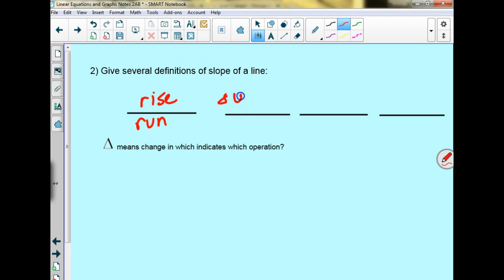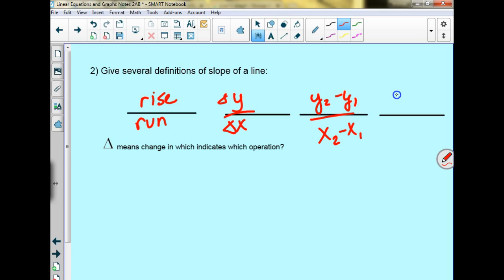Yes, I said you could just write change in y over change in x. Do you remember what else? What is change in mean, guys? Right. So you could do like y minus y over x minus x, and I don't care which numbers, if you do y1 minus y2, x1 minus x2.